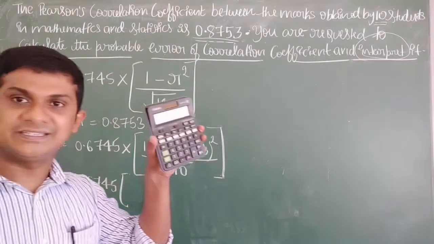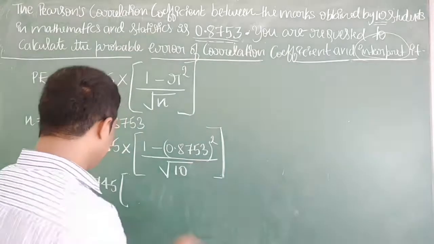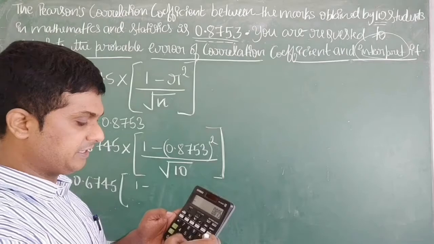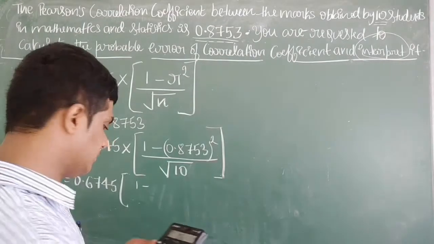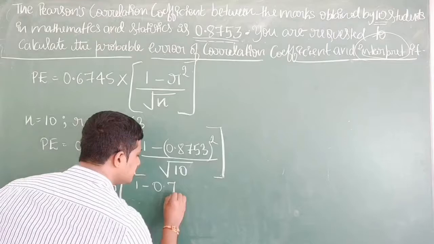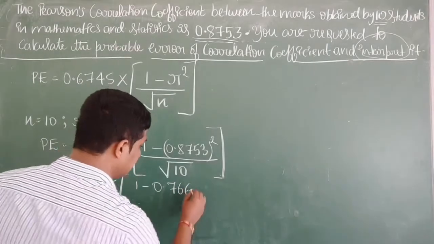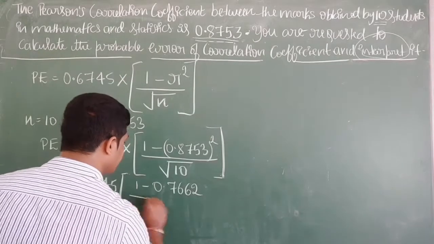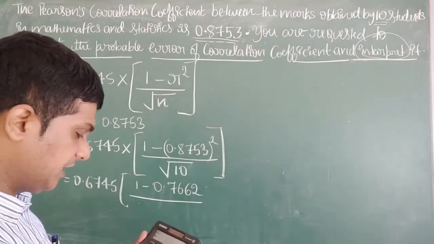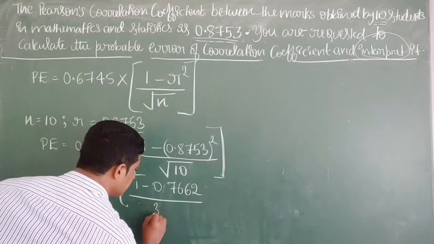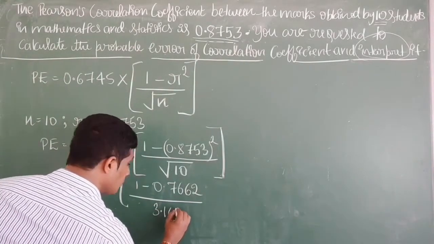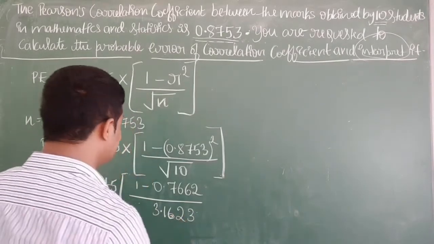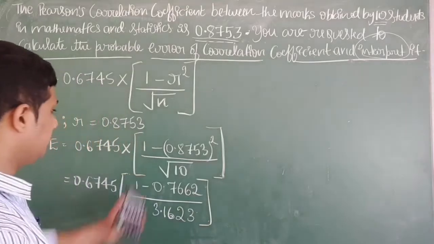I need 1 minus its square, so 0.8753 squared is 0.76615, and I'll take it as 0.7662, divided by root of n. We need root of n also. Let me calculate, which is 3.16227, and I'll take it as 3.1623. So this is the value after calculation.